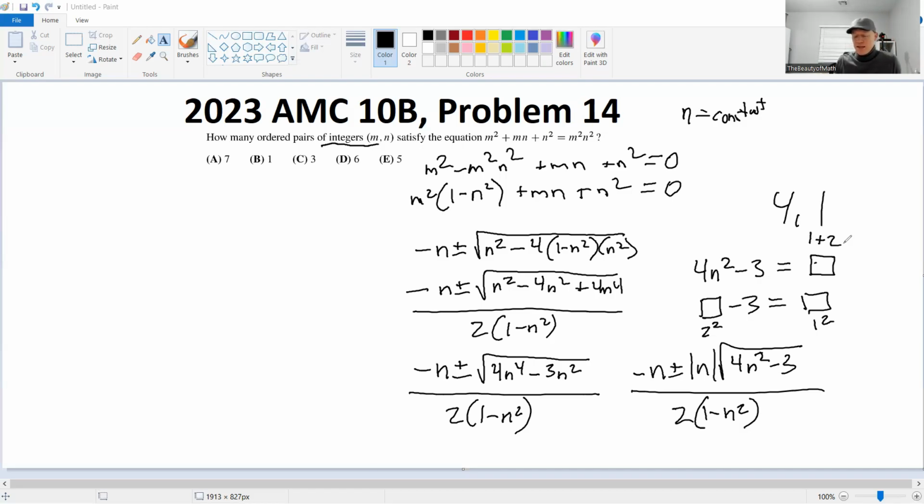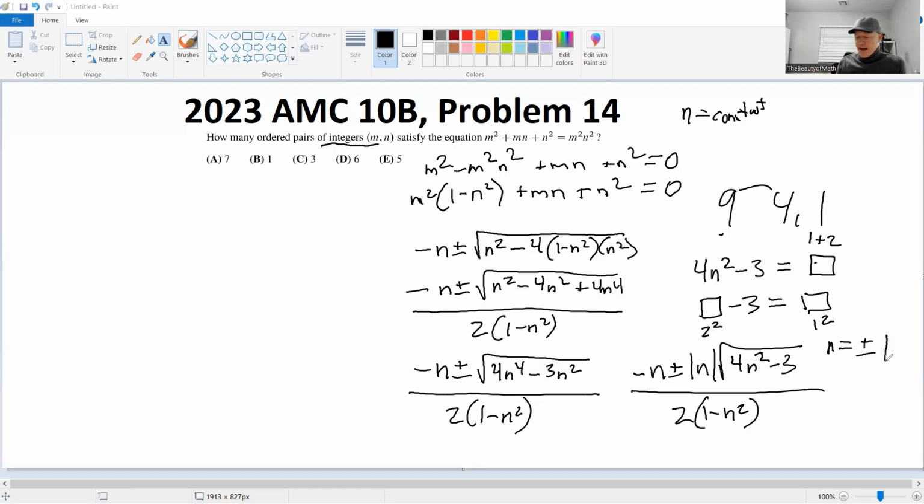If you go up to the next perfect square, the difference is 5. So why is 4n squared a perfect square? Because n squared is an integer, and it's squared, and 4 is a perfect square, so 4n squared is a perfect square. Therefore, the only way this inside part could work is if n is equal to plus or minus 1.